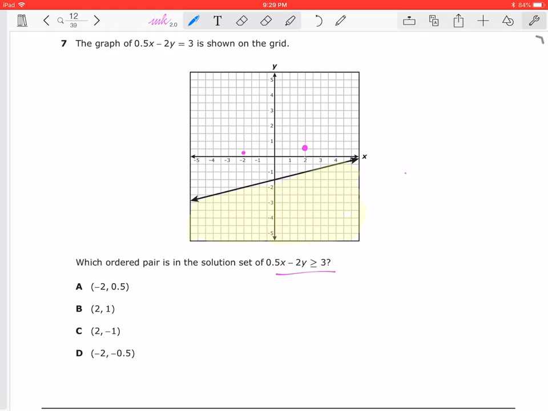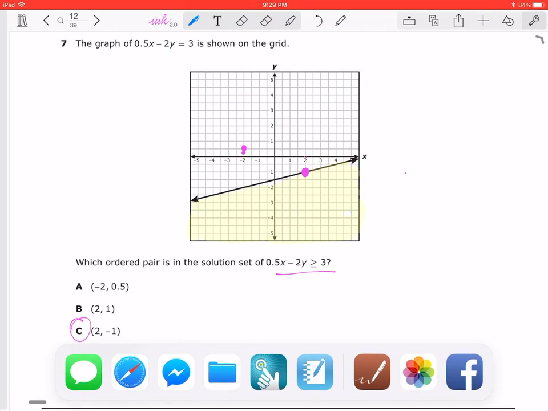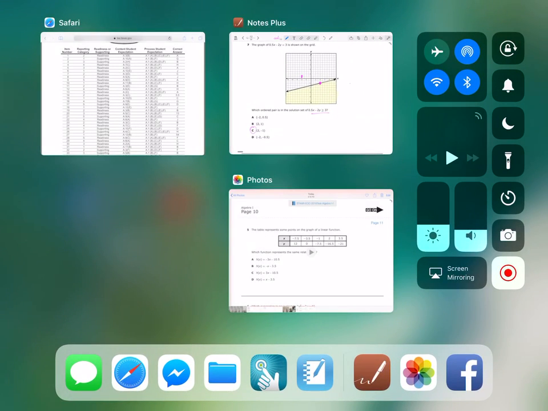Then we have 2 and 1, which is right there. Then we have 2 and negative 1. Oh, sorry, I was messing up my graphs there. That's what I didn't check. So our answer choice is C. I didn't realize that our graph was going up by a half. Whoops. So that would be that first one. Almost missed that one. All right, see you in the next video.